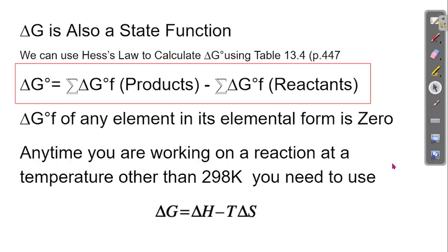Anytime that you're working on a reaction at a temperature other than 298 Kelvin, remember this is standard, 25 degrees, you need to use this other equation. Okay? But if you have standard, 25 degrees and 1 atmosphere, remember, then you can use table 13.4 on page 447.